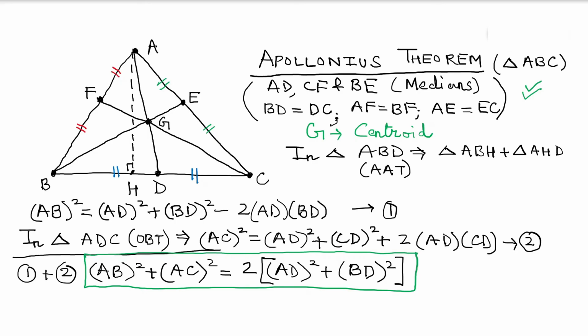So wherein we know that if I combine the squares of the sides AB and BC, in that case what are we going to get? We are going to get the length of the median BE.